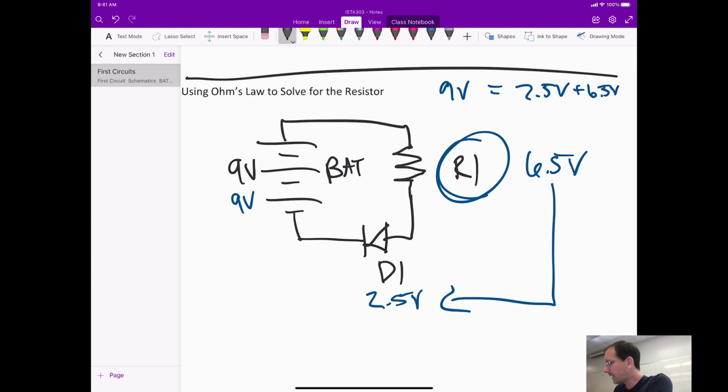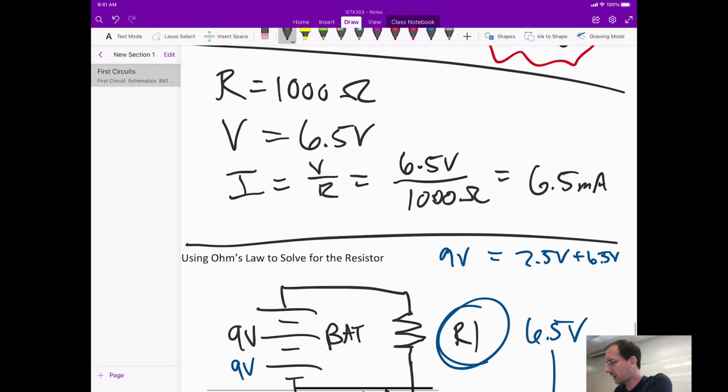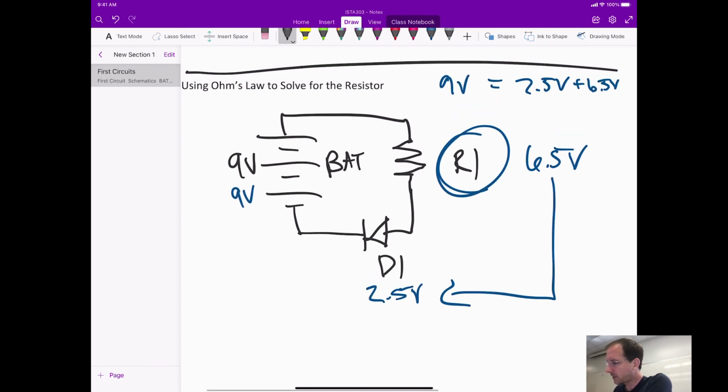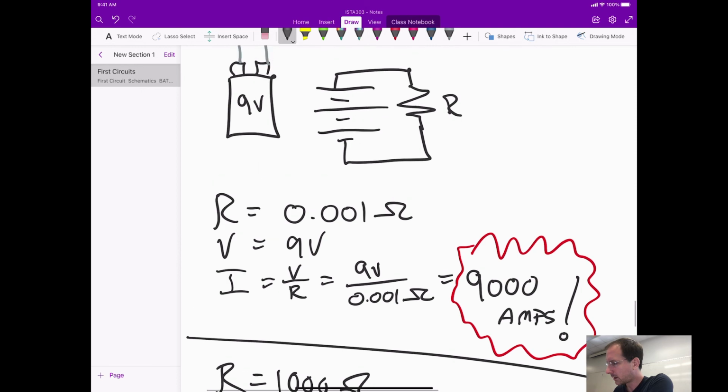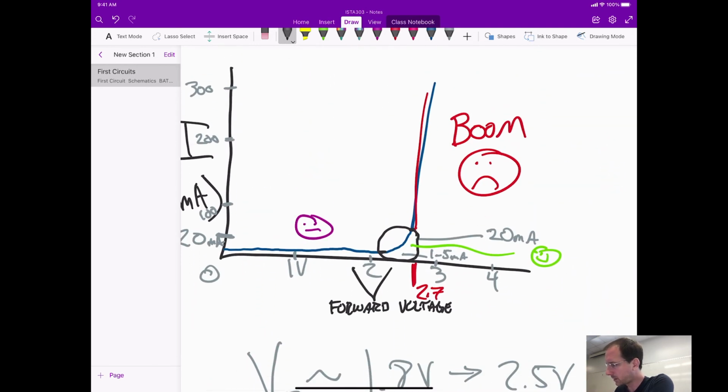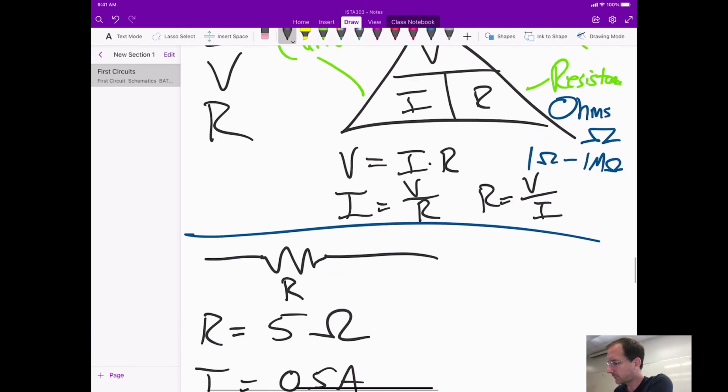Well, that's going to set the current of the circuit to 6.5 milliamps, as we just saw up here. Now, the current we know needs to be somewhere below 20 milliamps, as in our graph here, we know that 20 milliamps is about the maximum that most LEDs are ever going to take.